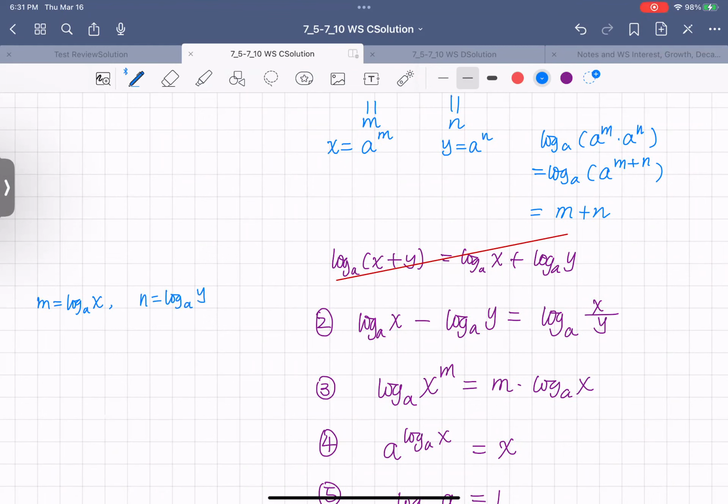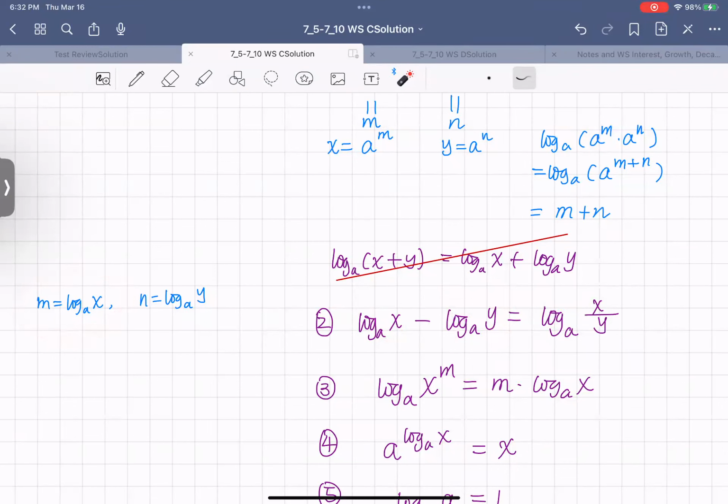Okay? So that means this part is m, this part is n. The left is m minus n, right? Yes. This is m, this is n. Make sense? Yeah.